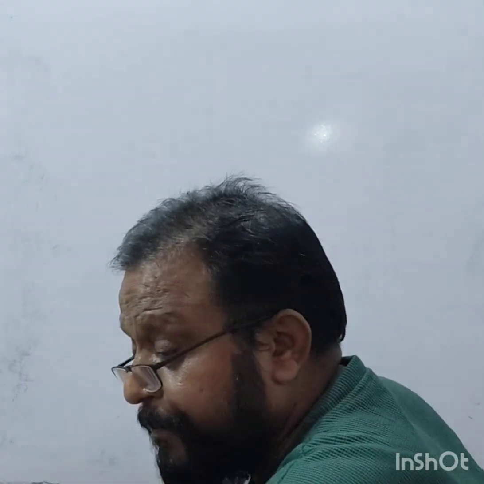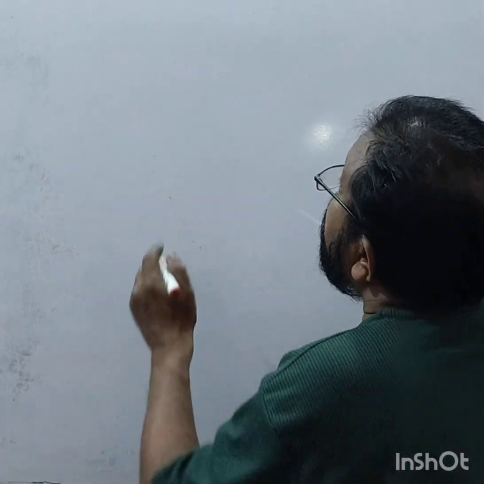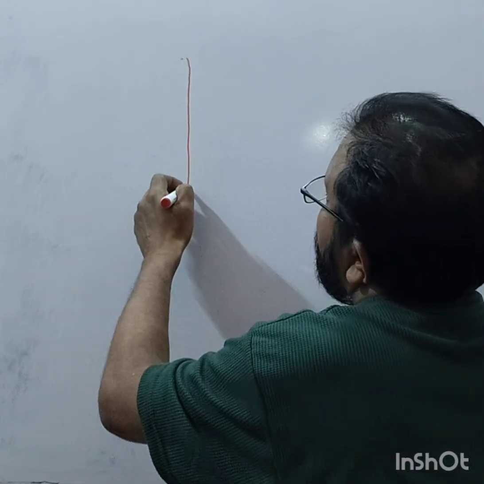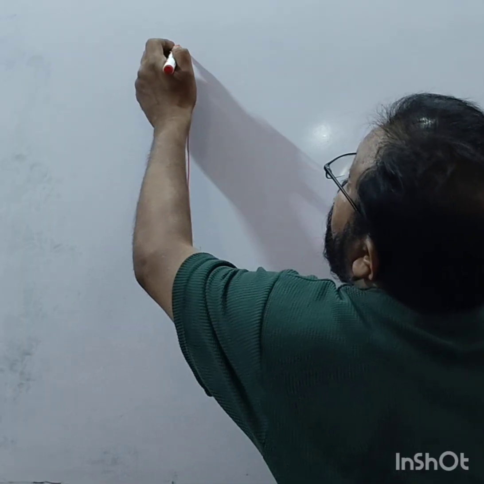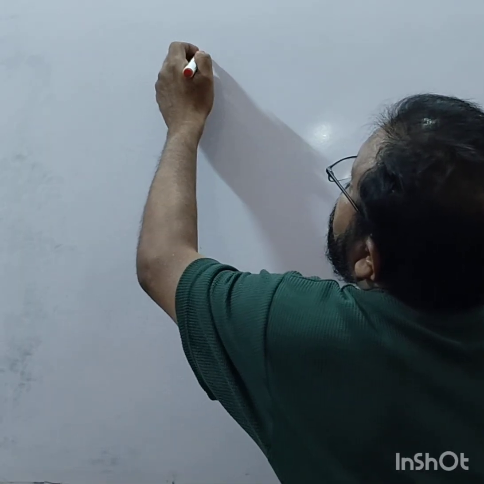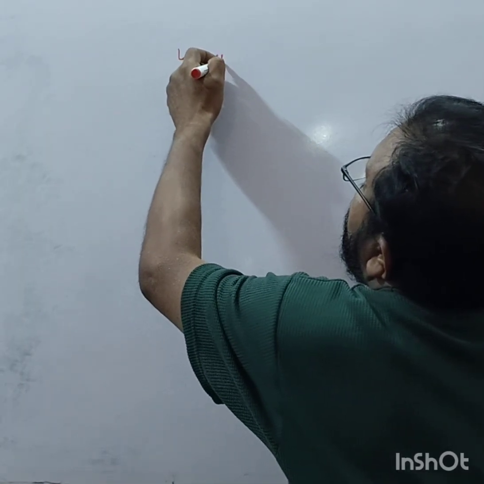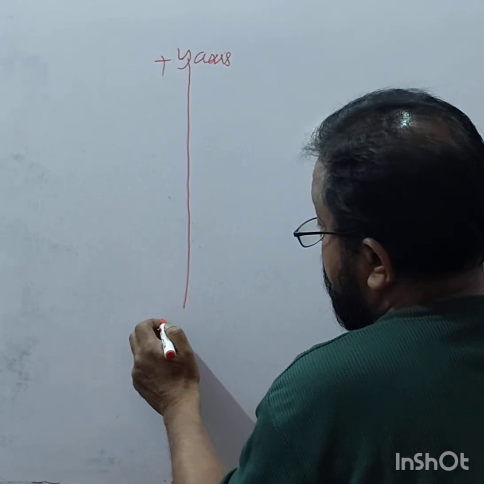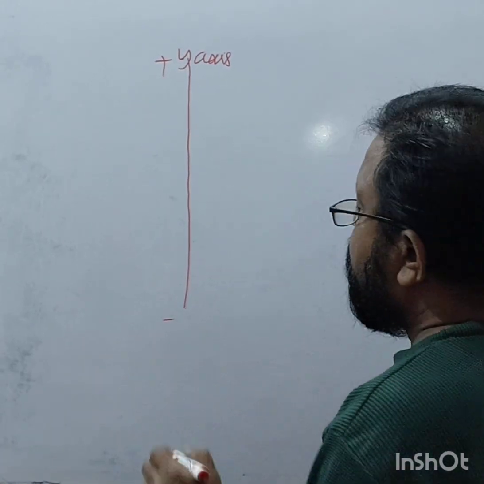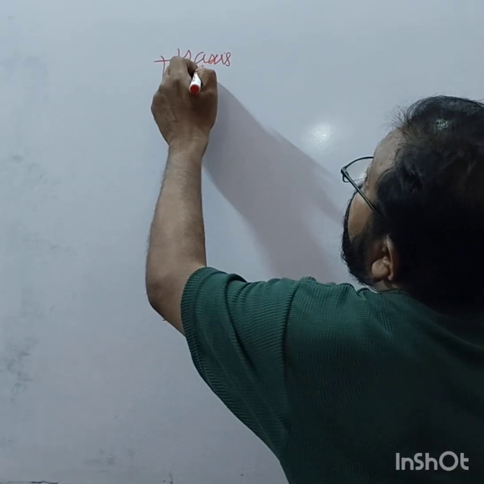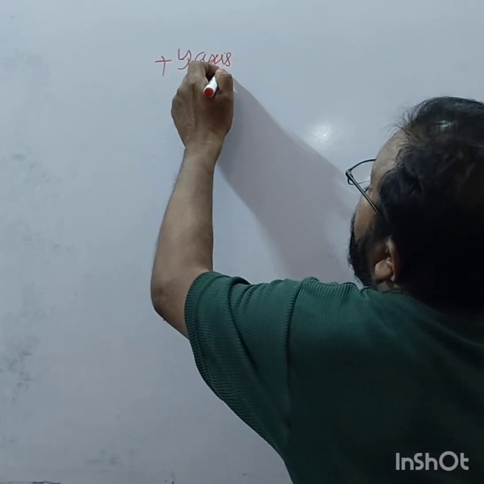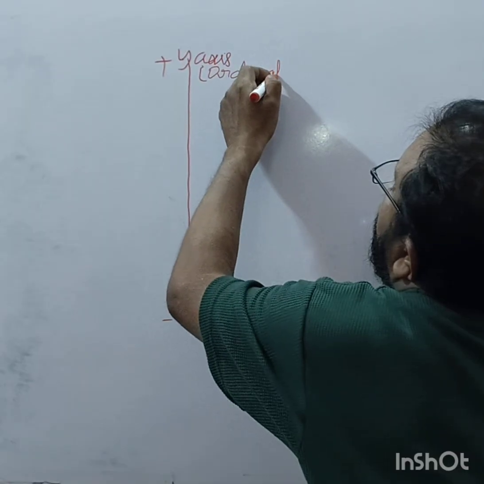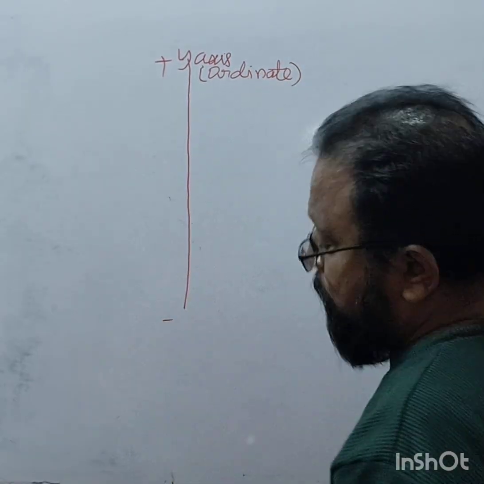Okay, fine. So this is the y-axis. It is positive, it is negative. What do we call this? Ordinate. Right?